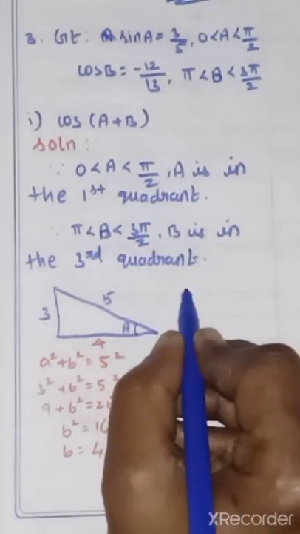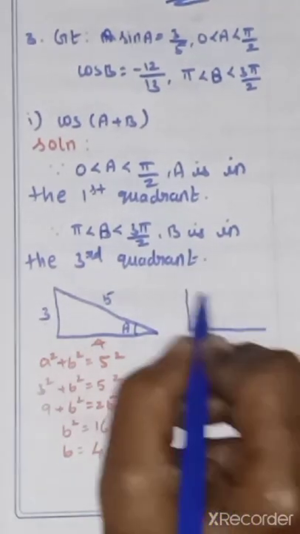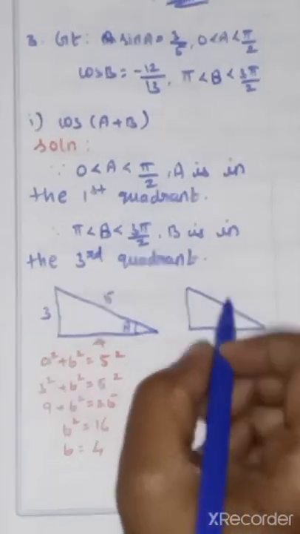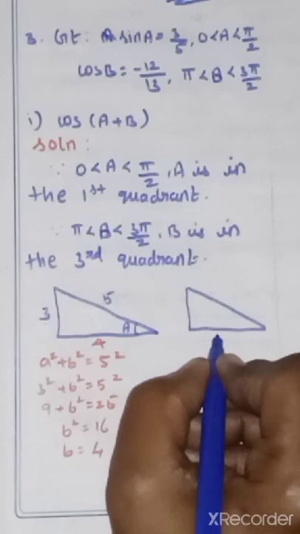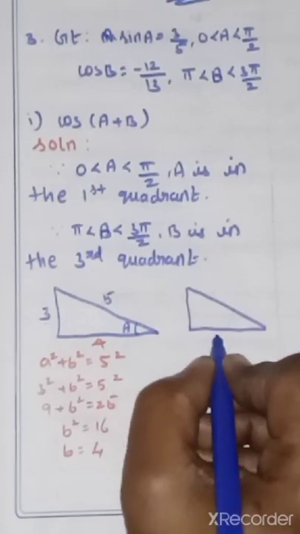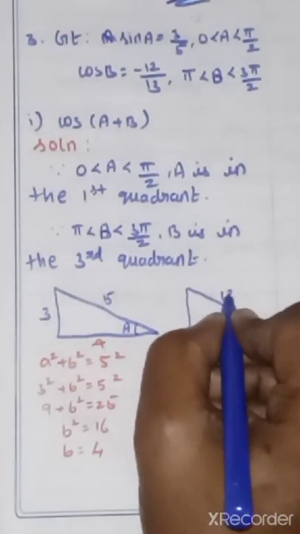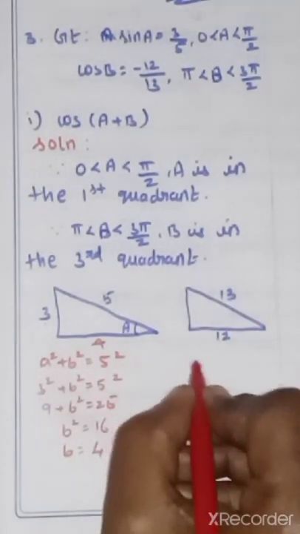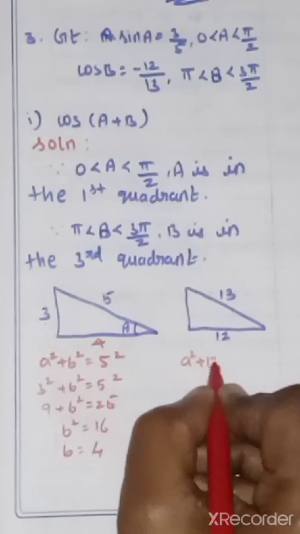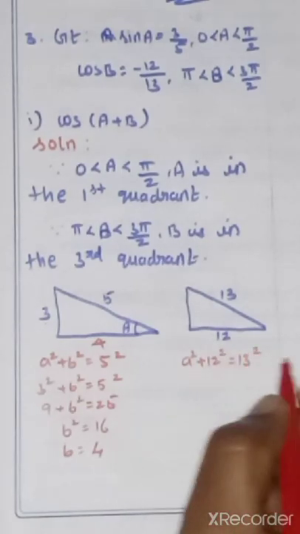Similarly, we can take the second angle B. B is what? Cos, so adjacent by hypotenuse. So 12 will come here, 13 will come here. Have to find the third side like this: a square plus 12 square equals 13 square.